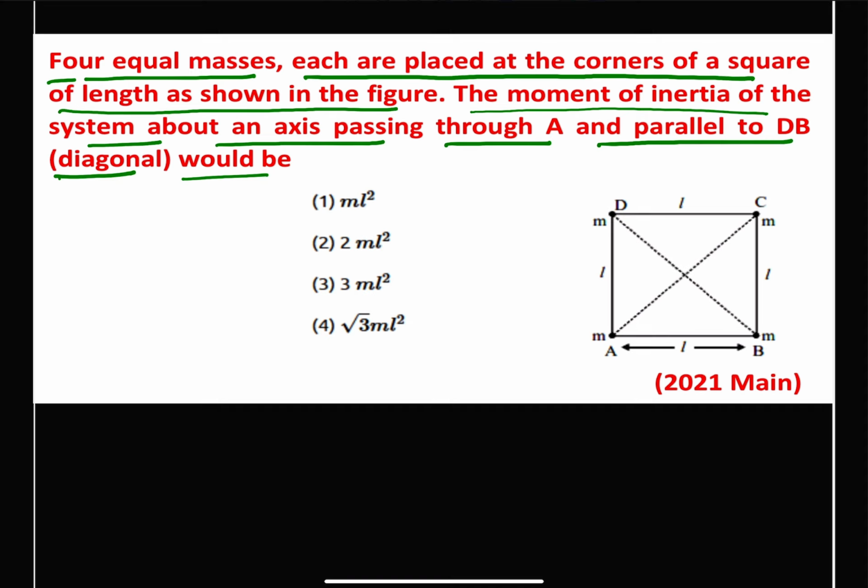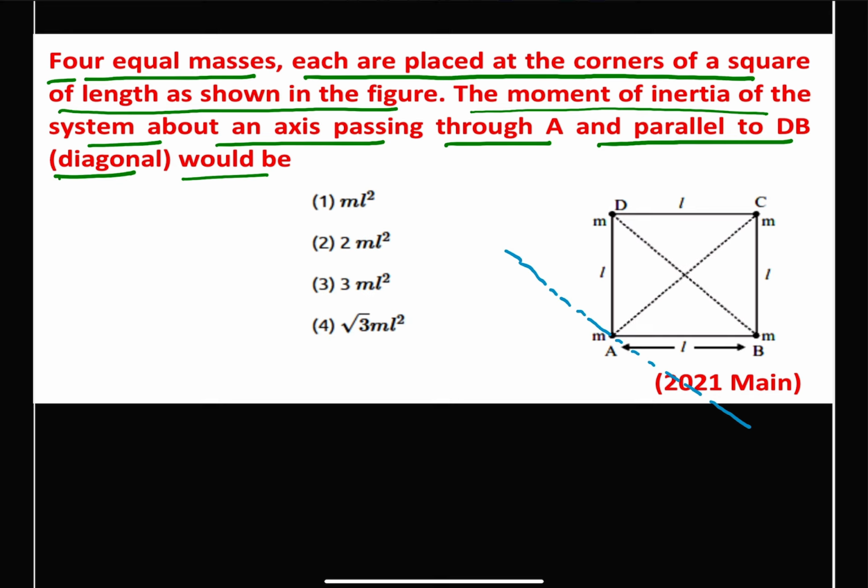So a basic figure is given to us and we have to find the moment of inertia about the axis passing through A and parallel to DB. We can approximately draw this axis passing through point A and parallel to our DB.